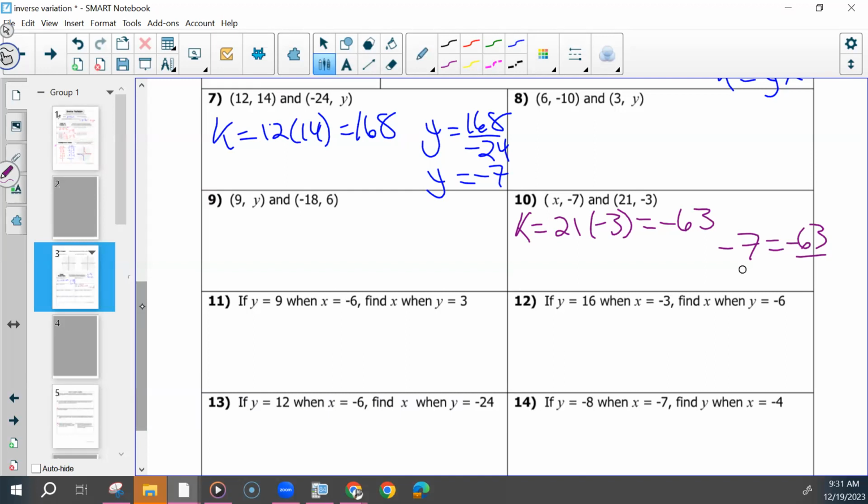So we have -7 equals -63 over, we're missing x. And then how would we solve for x? We couldn't multiply 63 to the other side because that wouldn't get x out of the denominator. But we could multiply x on both sides.